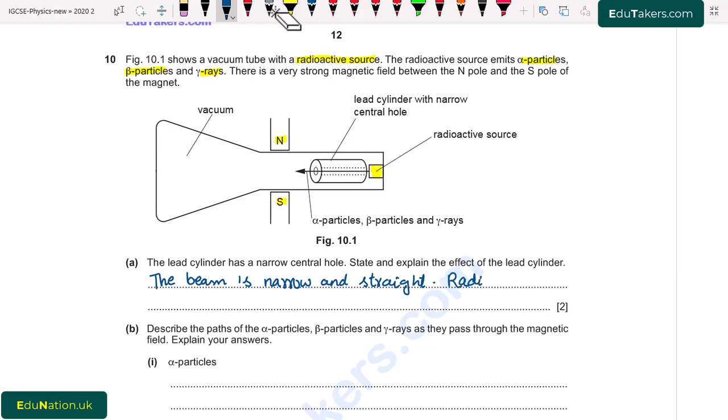The radiation in other sides or other directions will be absorbed.